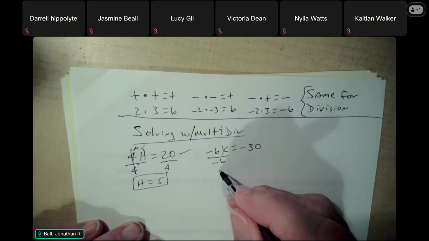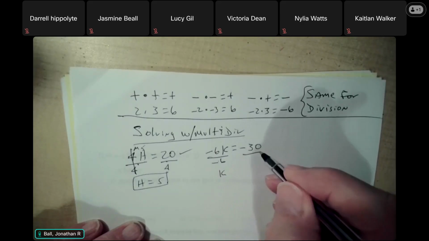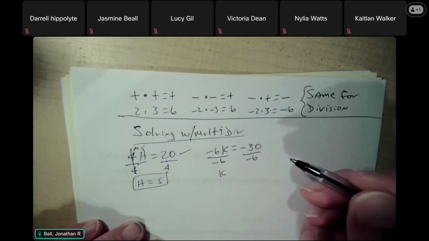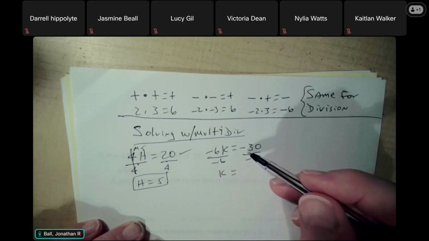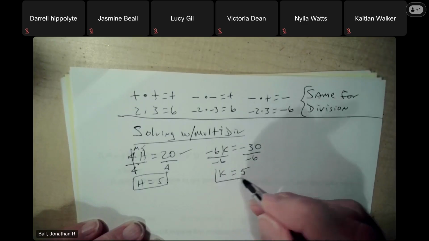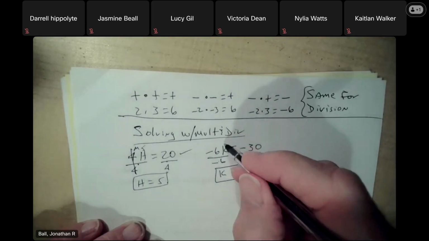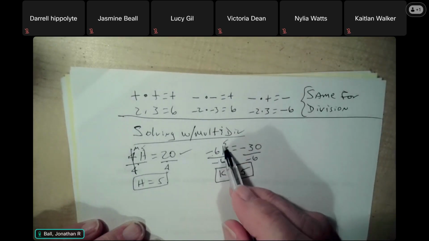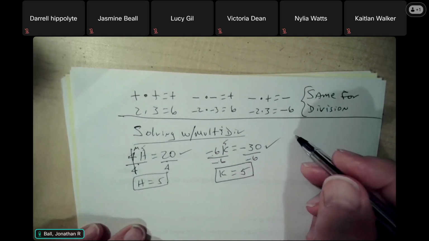Positive 1k, or just k, whatever you do to one side, you have to do to the other, equals a negative divided by a negative, which is a positive 5. Plug it back in. Negative 6 times 5 is negative 30, so we are correct.